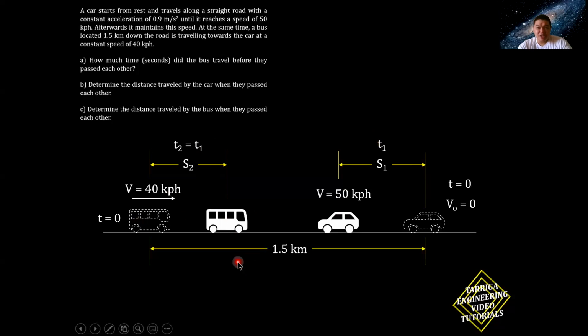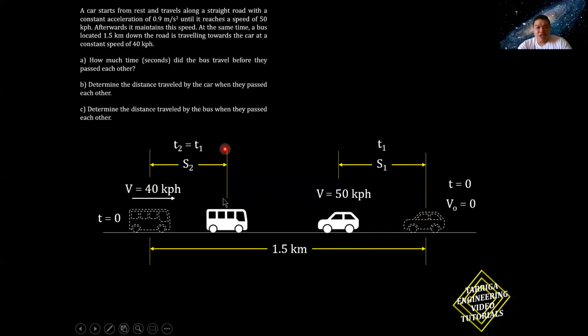Okay? Do not misunderstand me. The times are equal, but the distances they traveled are not the same. It's like this: the bus is traveling at constant speed, the car is traveling at a constant acceleration. There's a big difference between that. So S1 and S2 are not equal, I repeat.